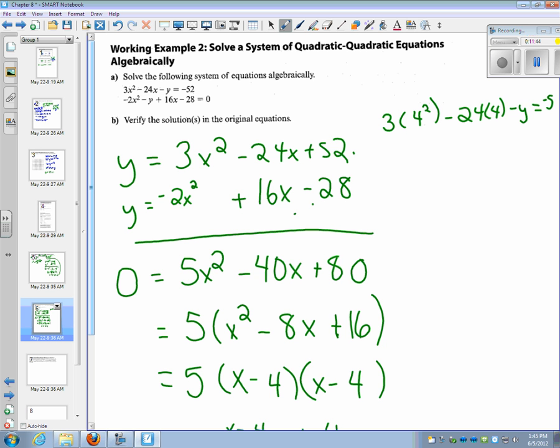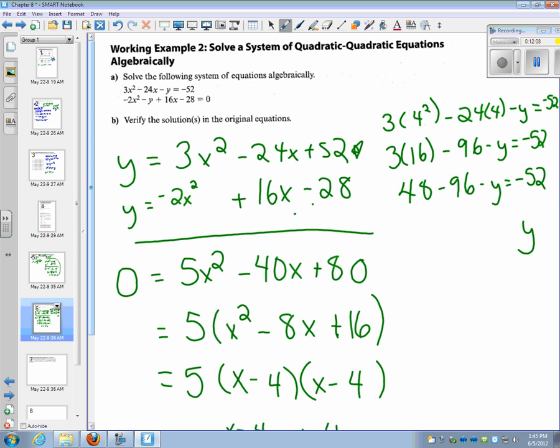Notice I used the original equation, not how I changed it here, just in case I made a mistake. Okay, so that's 3 times 16 minus 96, 48 minus 96 minus y equals negative 52.